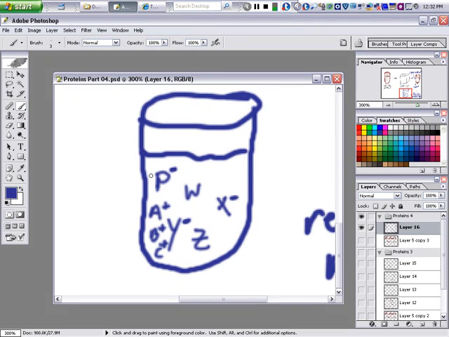Since this protein has a negative charge, what if we could make some sort of substance that had a positive charge? And we could run all of our proteins over this substance. And now the proteins that have a negative charge would stick, and all the other proteins would just keep going past. Does that concept make sense before I explain it? So we're going to have a substance that has a positive charge.